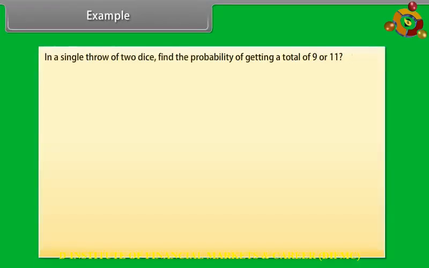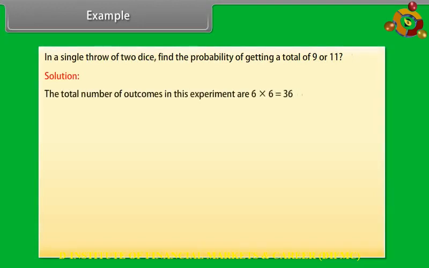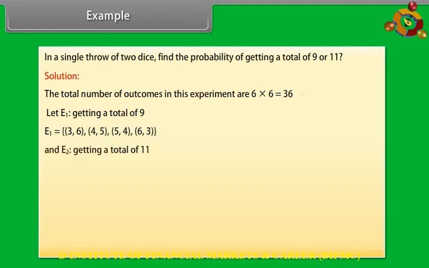In a single throw of 2 dice, find the probability of getting a total of 9 or 11. Solution. The total number of outcomes in this experiment are 6 into 6 is equal to 36. Let E1: getting a total of 9. E1 is equal to (3,6), (4,5), (5,4), (6,3) and E2: getting a total of 11.